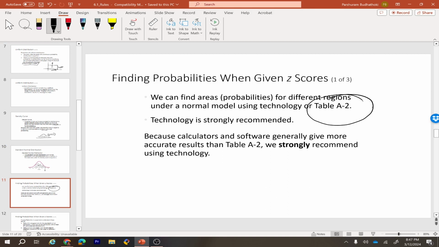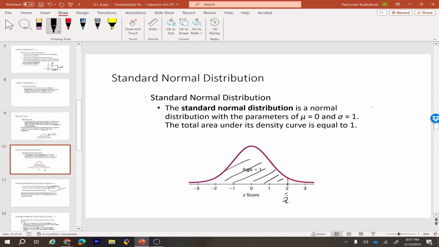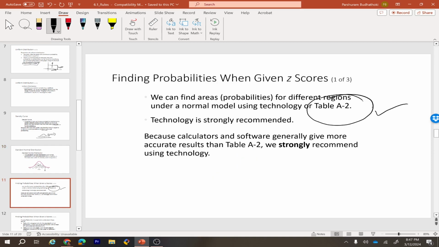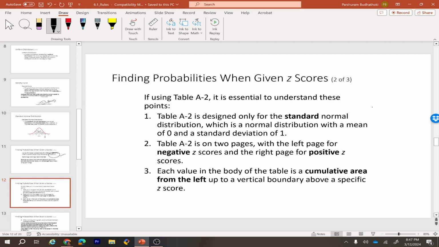Our book comes with a table, but I prefer to use StatCrunch for finding the area. Sometimes they give you the area and you need to find the z-score. Sometimes they give you the z-score and you need to find the area. There are other ways to find the area versus z-score, but we are going to use StatCrunch.